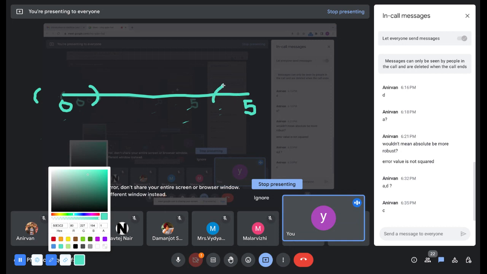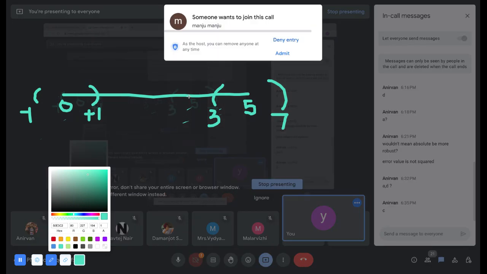And let's say this one is 3 and 7, minus 1 to plus 1. Here you can see this data is quite separable, so you should be able to classify this data.